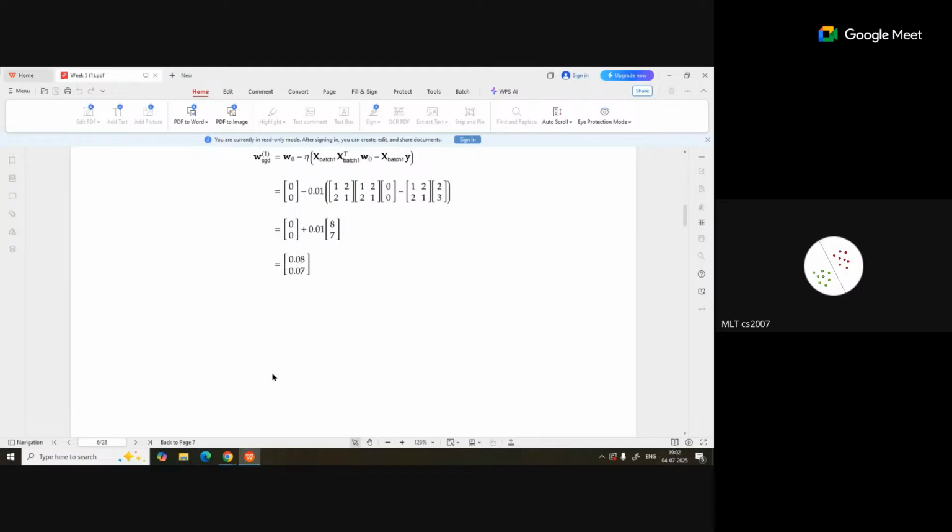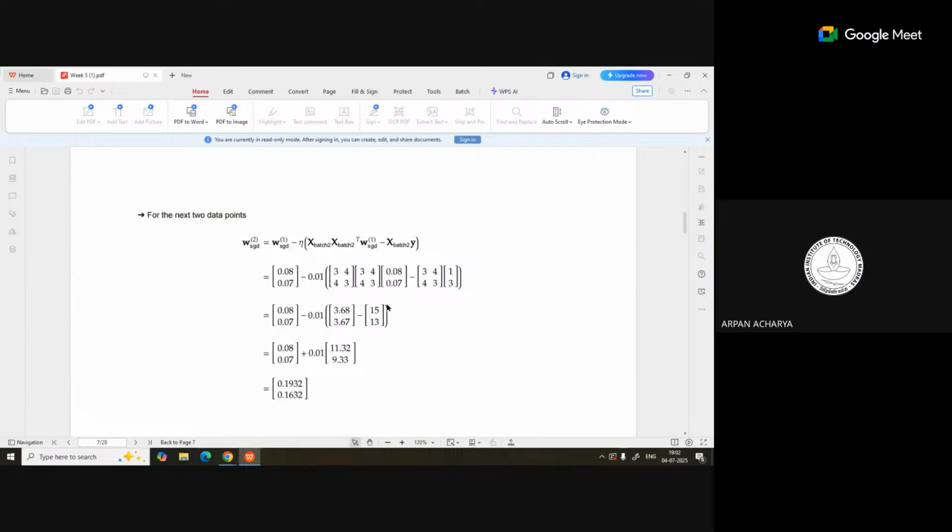Let's say I have one point here, so one direction I got here, and now I wanted a second direction. I use the previous direction to calculate the second one. Or I have this direction and another direction, and I take an average of these and get this direction. So shall I use 0.08, 0.07 here, or shall I use 0 0?